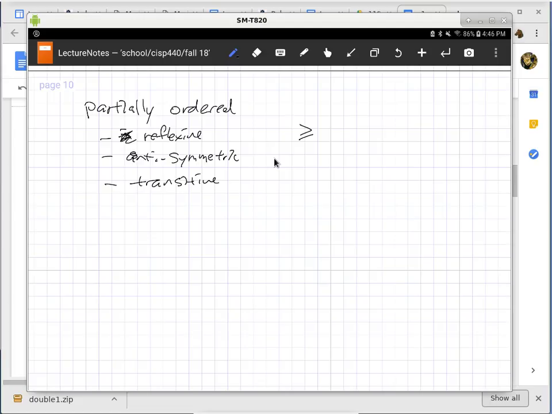Anti-symmetric is saying aRb and bRa implies a equals b. But if something is just reflexive, does that imply it is anti-symmetric? It does. So that means it doesn't really add any extra properties as far as the size comparison of the two sets.